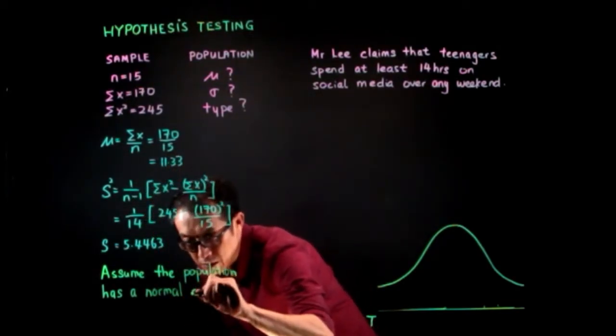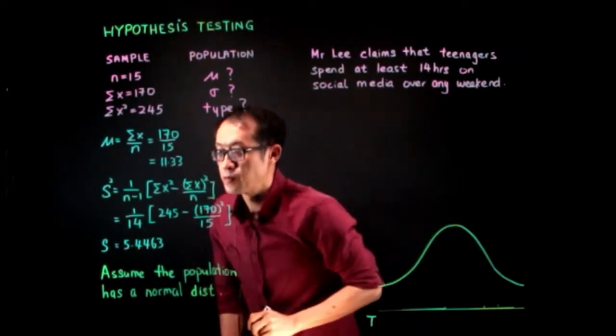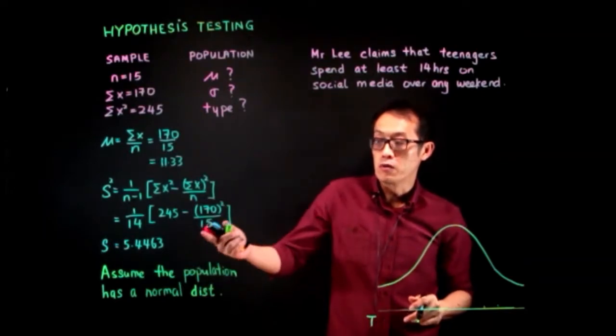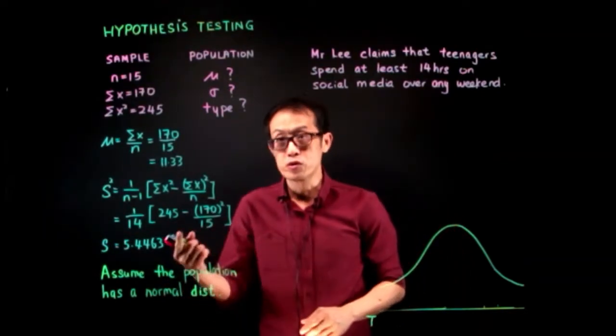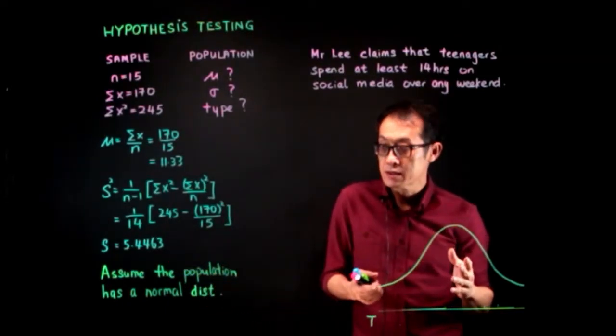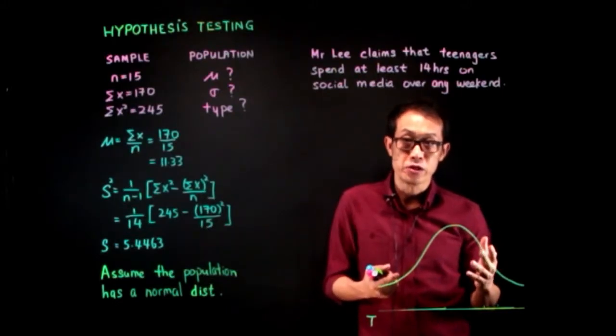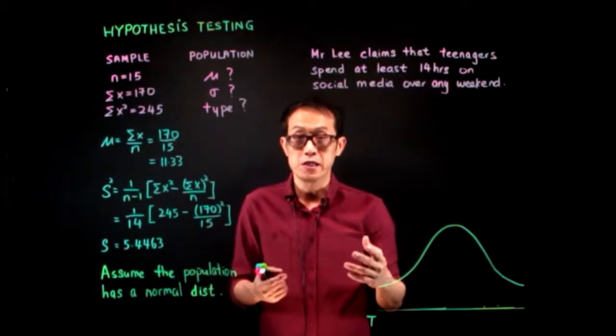With this assumption, we then go ahead to use the t distribution, because the t distribution is based on a normal distribution. The population distribution has to be normal in order for us to use a t distribution.